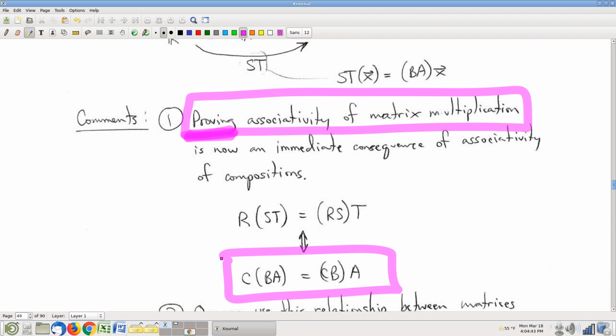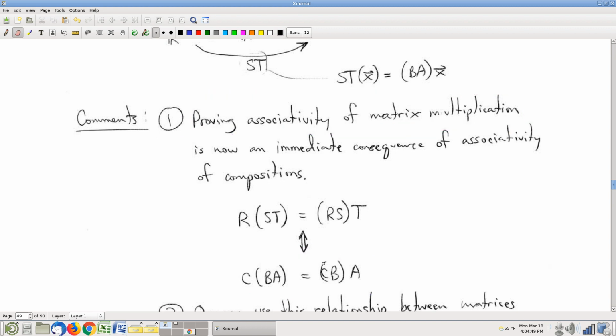I didn't do it because I wanted to wait and show you this much more satisfying proof that comes from taking advantage of the fact that multiplication of matrices corresponds, as we know now, perfectly with multiplication of linear transformations. And don't forget, multiplication of linear transformations, we have a really easy motivation.